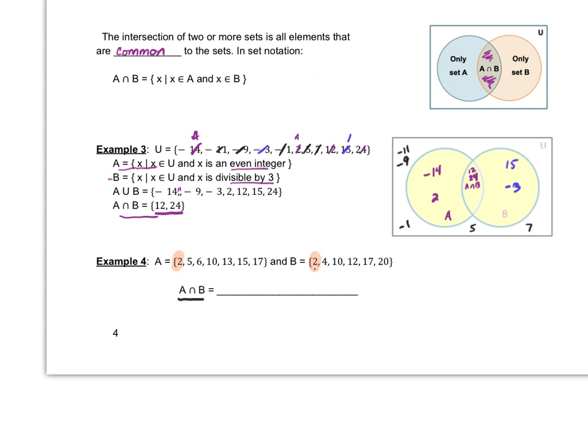I don't have a 6. Oh, it looks like both sets have a 10, and both sets have a 17. So that's going to be my intersection. My intersection is going to be 2, 10, and 17. So there you go. Working with my Venn diagrams, working with my sets to find some of that common information.